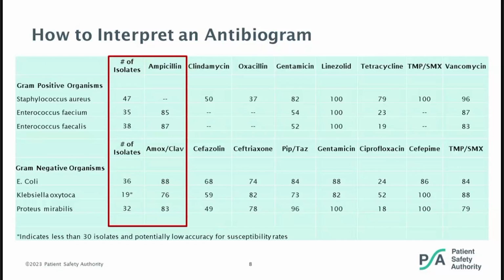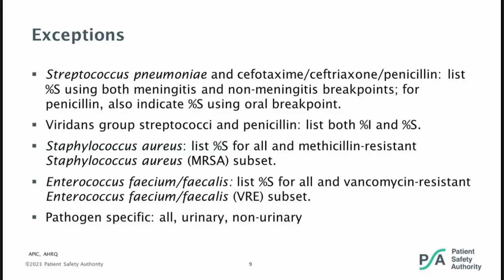We want the ones that are greater than 80%. So ampicillin, gentamicin, linezolid, the TMP SMX. This is an antibiotic that we would choose to treat this particular infection. So again, just highlighting some of the exceptions to the rule.